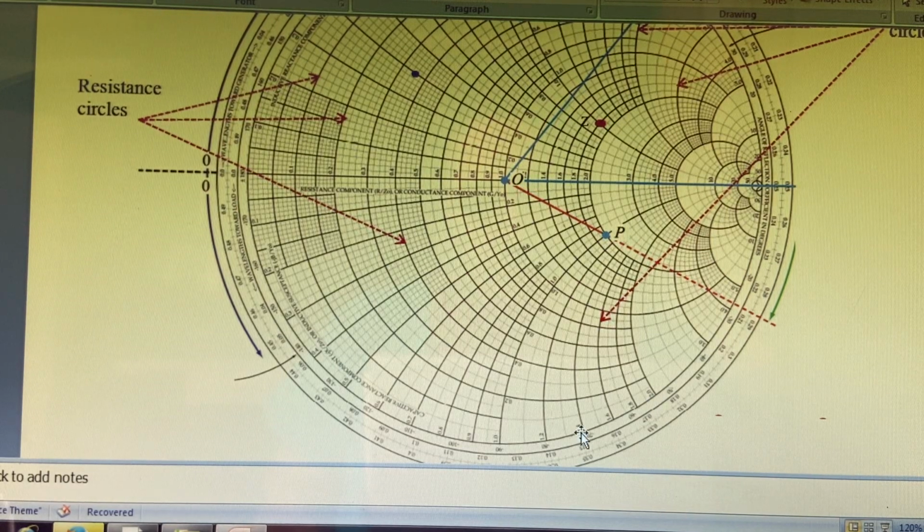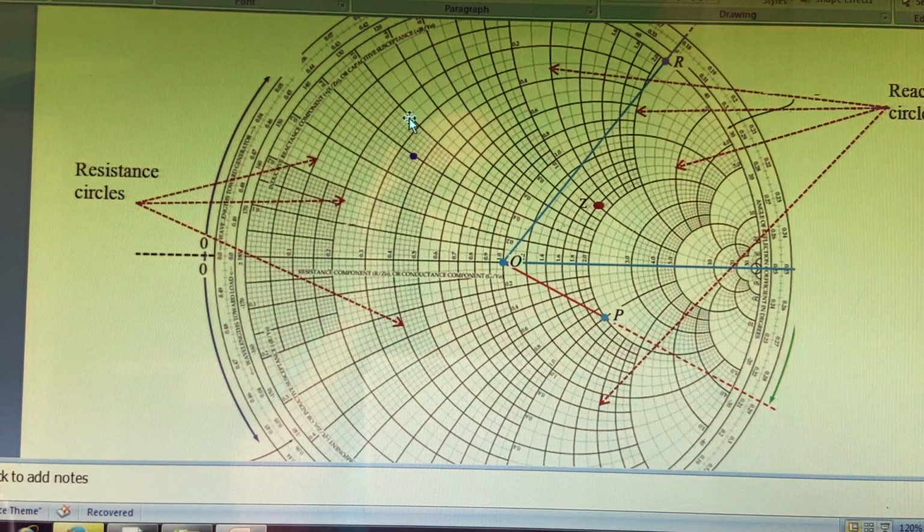For example, this reactance circle has a value equal to minus 1.4. If you move over it, the reactance value remains the same. Similarly, for all the circles below, the reactance values are negative, and above they are positive.